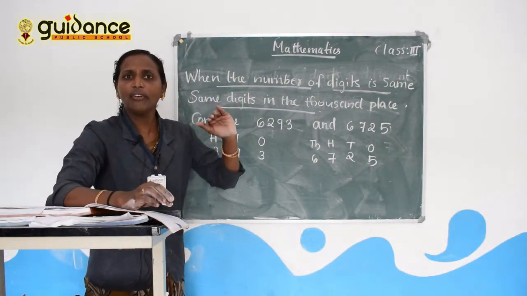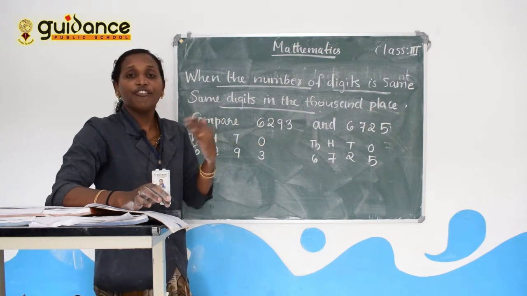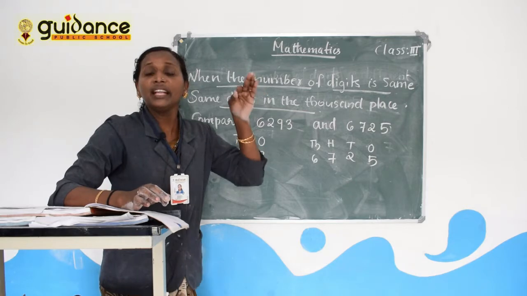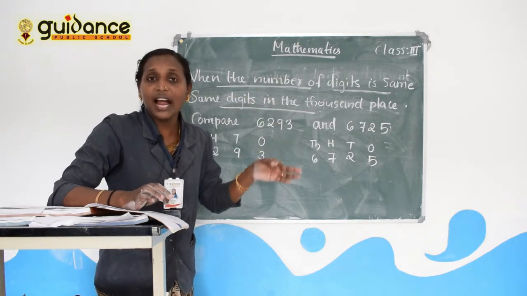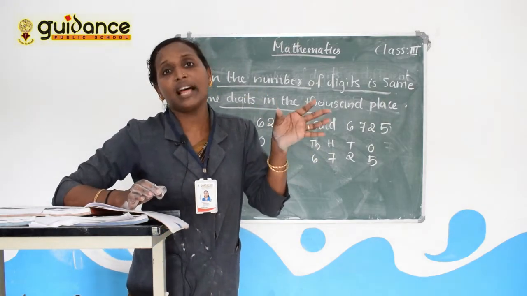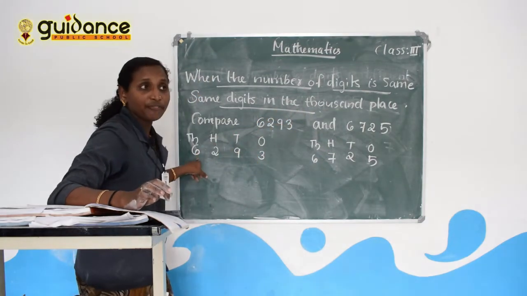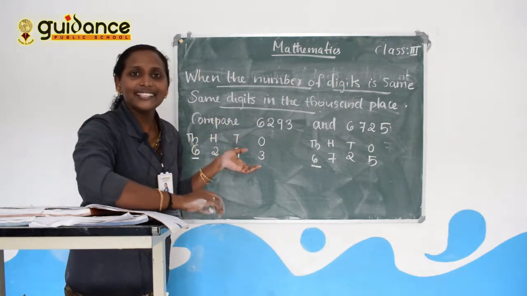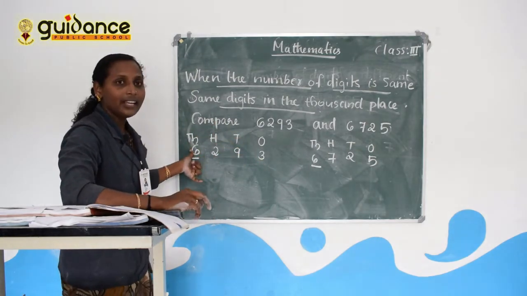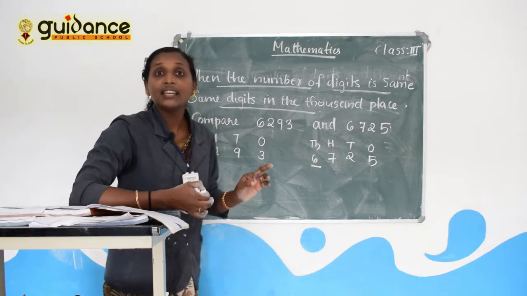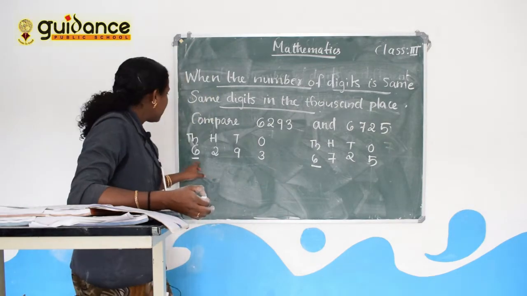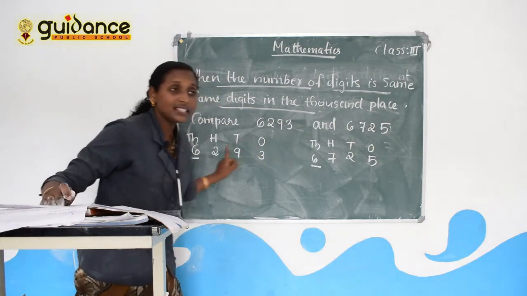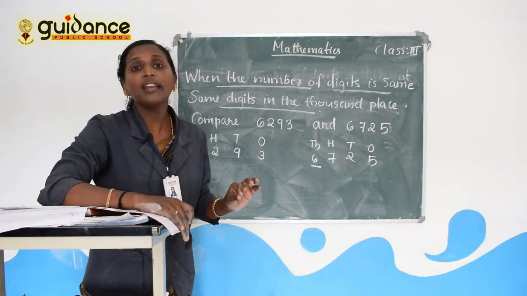I already taught one method: we compare numbers with equal digits, starting from the extreme left. The extreme left is the thousands place. But in this case the digit in the thousands place is the same.